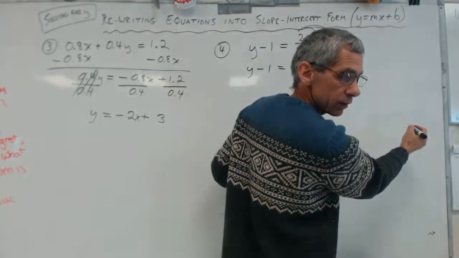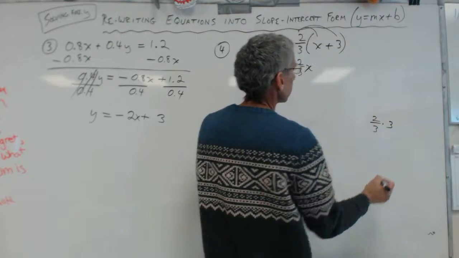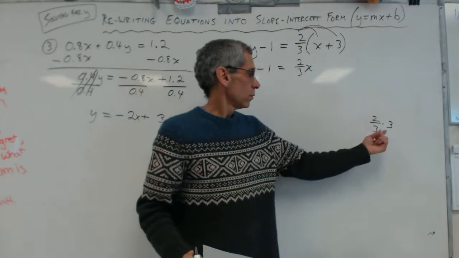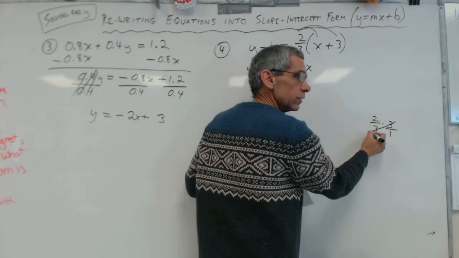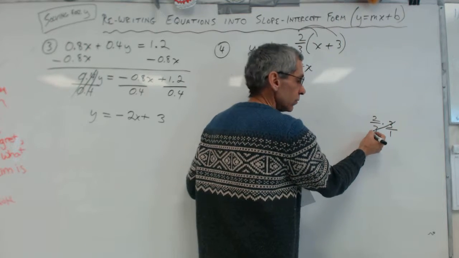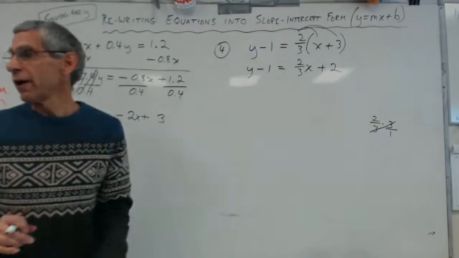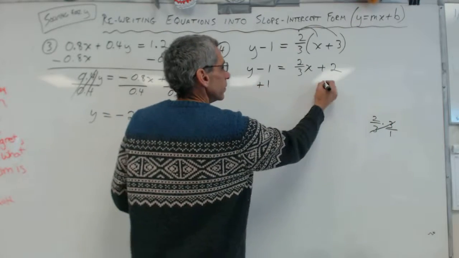We've got 2/3 times 3. You would put 3 over 1. So really, it's 3 over 1, and the 3's can just cross out. So it's just 2. So plus 2. All right, now what do I have to do? Add 1. Add 1. I'm done. Right?